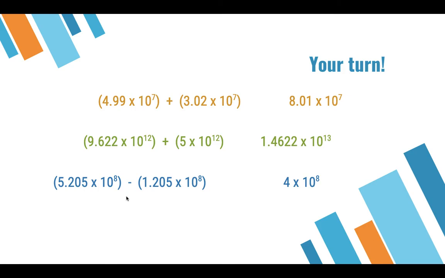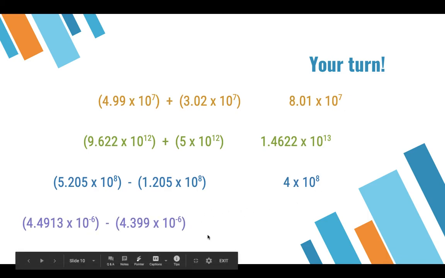So when we subtract this, 5.205 minus 1.205, we get 4. And we keep our exponents the same. We don't have to change anything. It is in scientific notation, correct form. So our answer is 4 times 10 to the 8th.